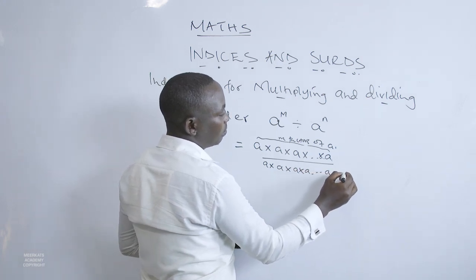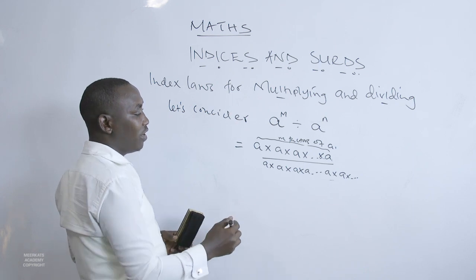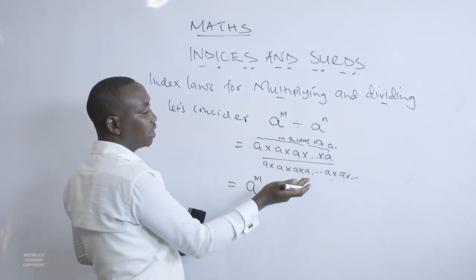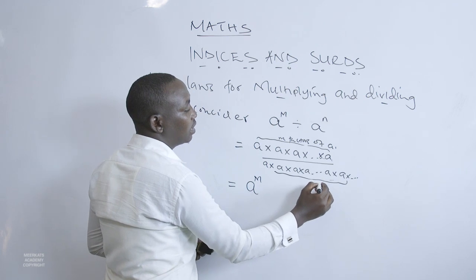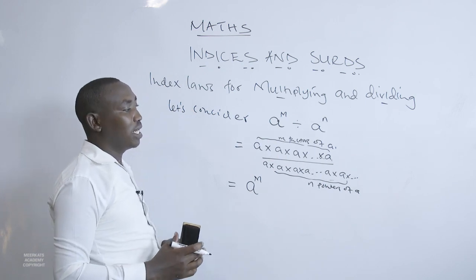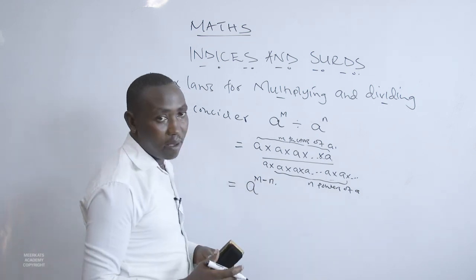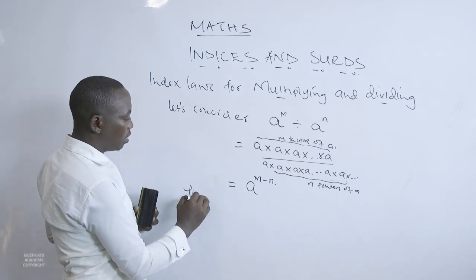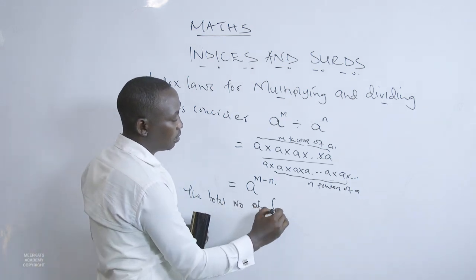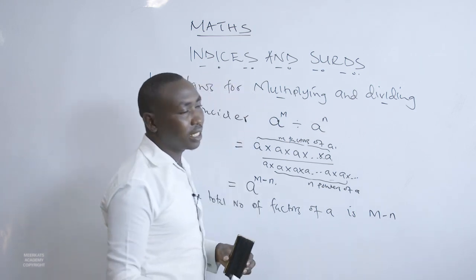Again, there are so many of them. You'll discover that there will be a cancellation effect, and therefore, to get the total number of a's that will be remaining, you have to subtract the n powers of a from the m powers of a, and this will give us a raised to m subtract n, meaning that the total number of factors of a will be m subtract n.